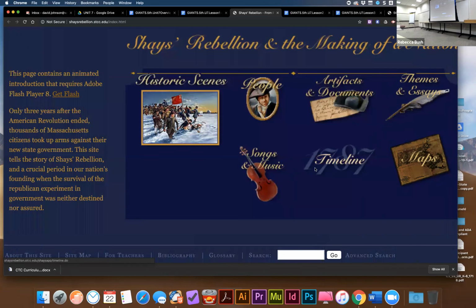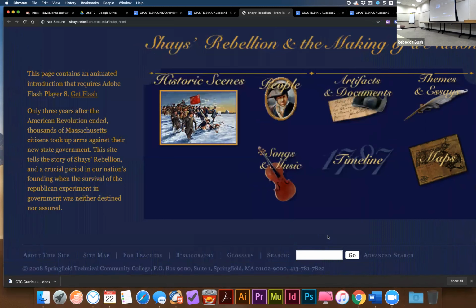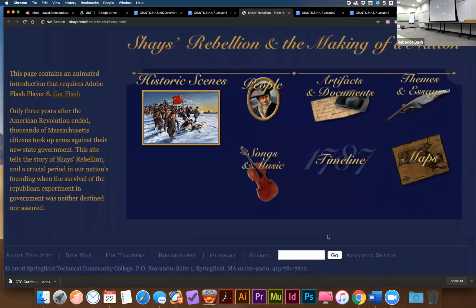This first one is kind of a culmination of many different historical societies and museums in the radius surrounding where Shays Rebellion actually took place. And they've got some pretty good resources on this website. They break it down into historical scenes, and they introduce you to every single person that comes into play, even in the tiniest way, with regard to Shays Rebellion.